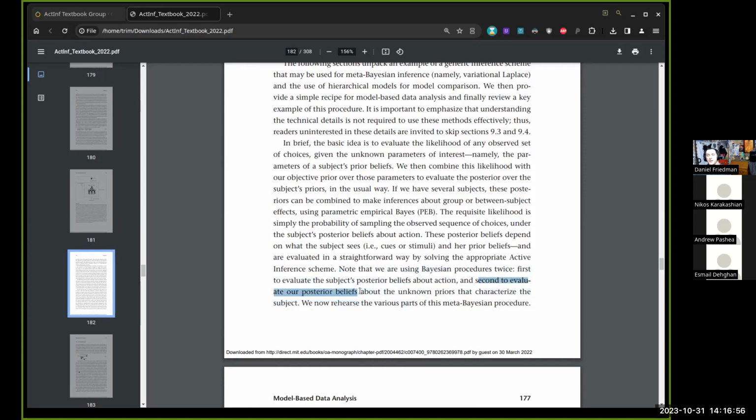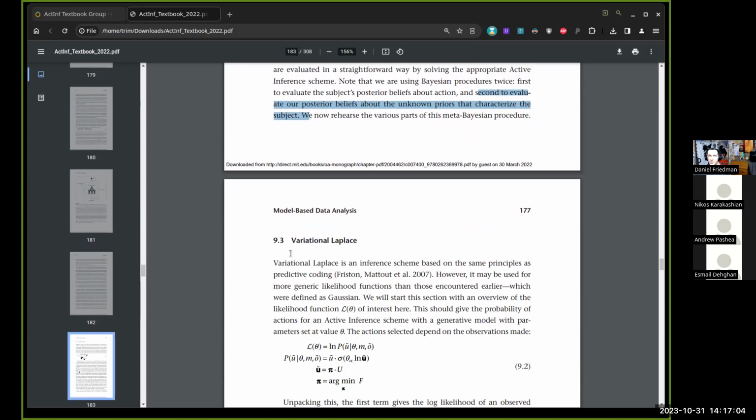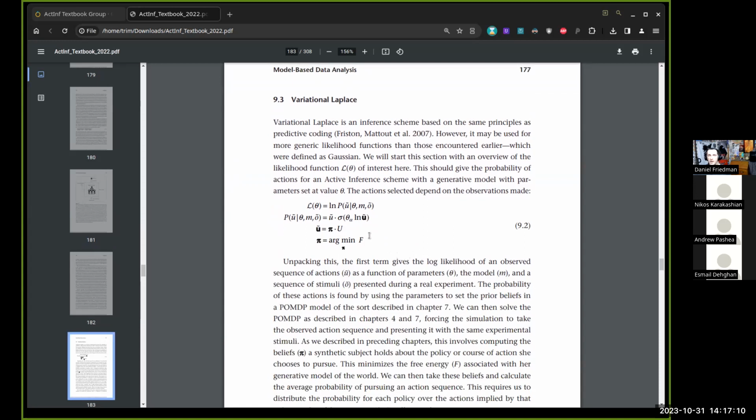And secondly, to evaluate our posterior beliefs about the unknown priors that we have. So it's a purely Bayesian approach to studying the total setting of the behavioral observation. Otherwise, you'd have a free-floating Bayesian model of the subject, but it would be a view from nowhere, because you wouldn't have completed the meta-Bayesian setup.